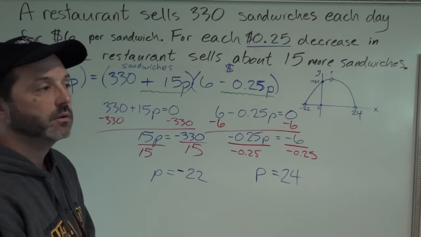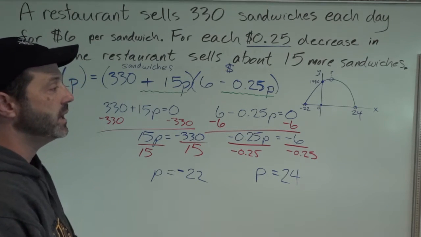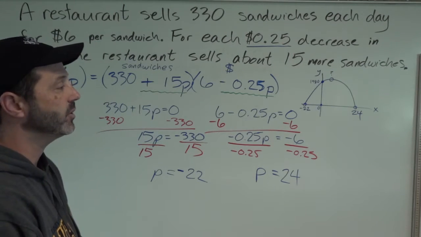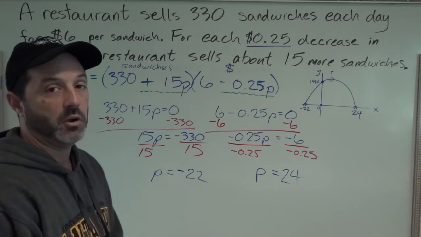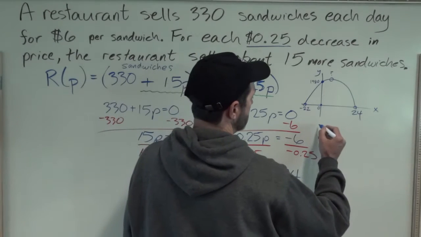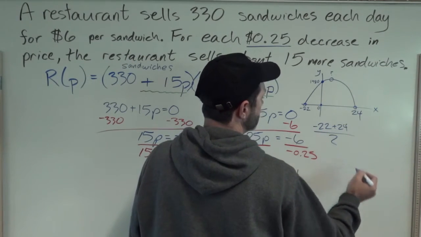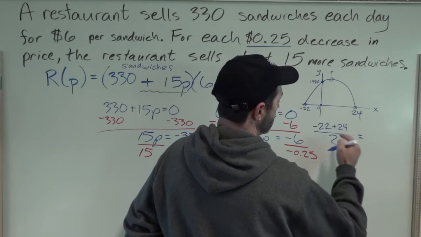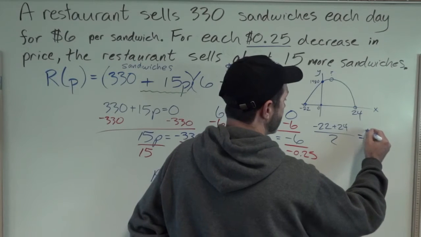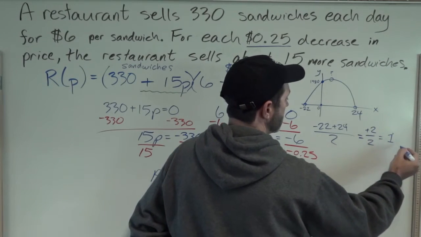Now I can figure out where the maximum is because it's exactly halfway between negative 22 and positive 24. What is that number? I don't know. We can calculate it though. We can say negative 22 plus 24 divided by 2, right? The average between them. Well, what's negative 22 plus 24? Positive 2. Divided by 2 is 1.